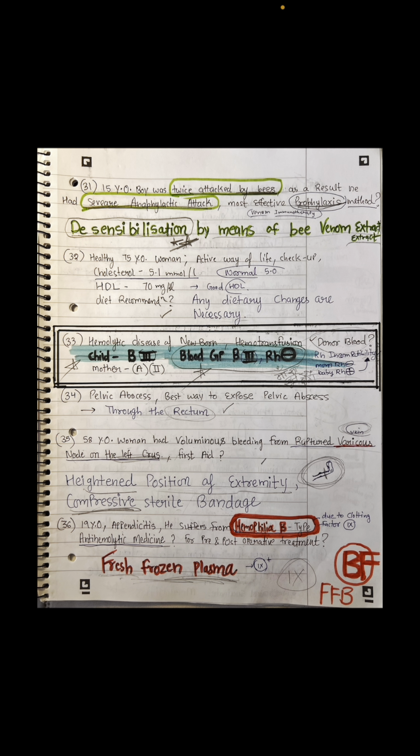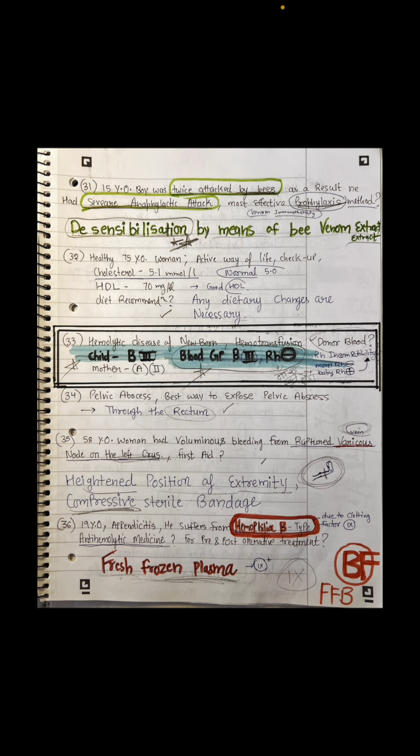So remember for the KROK question that when a vein case is there, you will go with the answer compressive sterile bandage. Maybe there is some problem with such logic, but for the KROK you have to remember that if dark red blood is flowing, this is blood from the artery, and in the cases of artery you will apply the tourniquet because the pressure in the artery is very high.